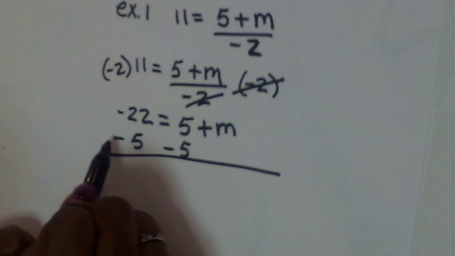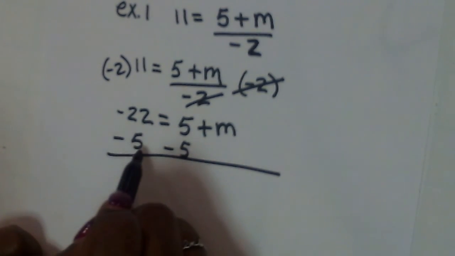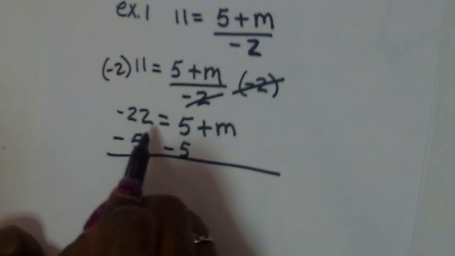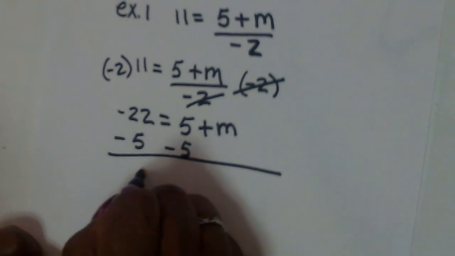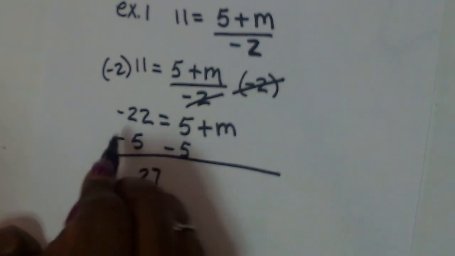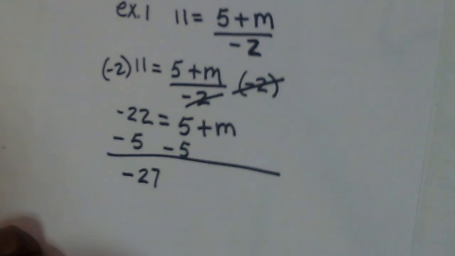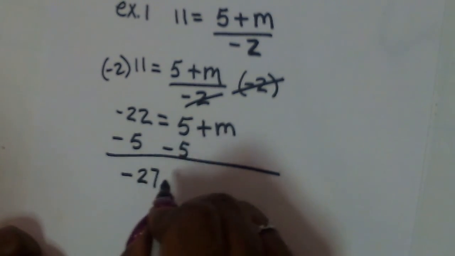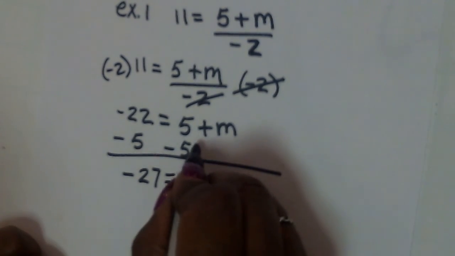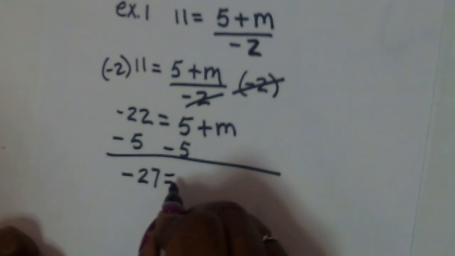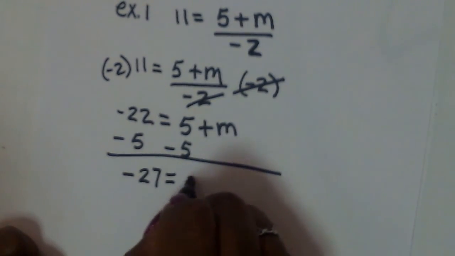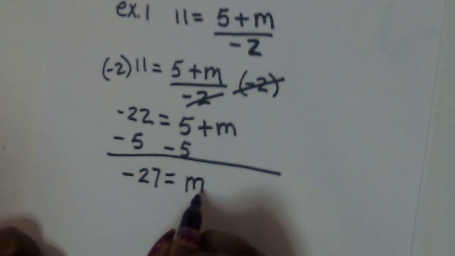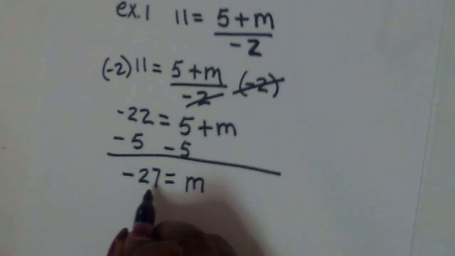Since the signs are the same, I can add the two numbers together and keep the sign. 22 plus 5 is 27, and since they're both negative, I can keep the sign as negative 27. 5 minus 5 is 0, and you know by now we don't have to write the 0, so I wrote my equals, and I'm going to bring the m down. The value of m is negative 27.